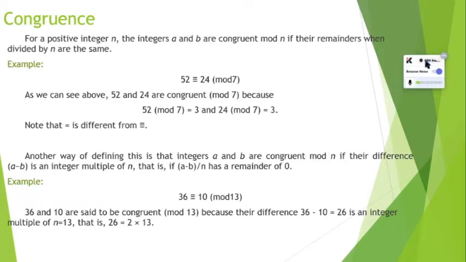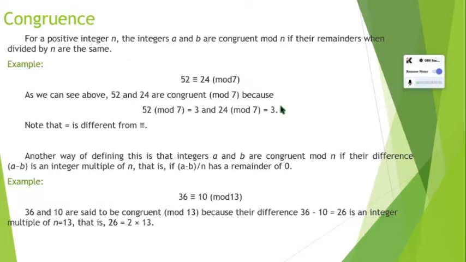So as we can see, 52 and 24 are congruent mode 7 because if we get the mode of 52, meaning you divide 52 by 7, if we use long division with 52 mode 7, so let's try na.